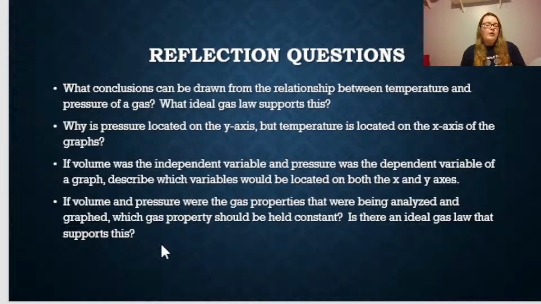And the second part of that question is, is there an ideal gas law that supports this? If students would go about working with volume and pressure, they would then learn about Boyle's law in that case, which states that volume and pressure are inversely proportional to each other. For example, if we would increase the volume of a gas, then the pressure would in turn decrease.